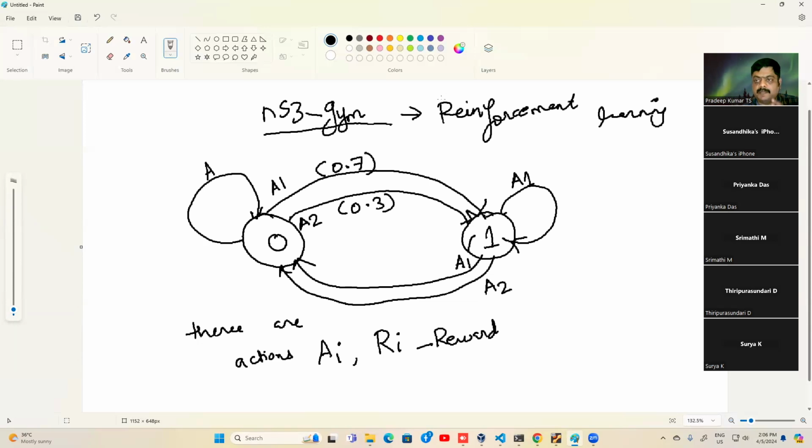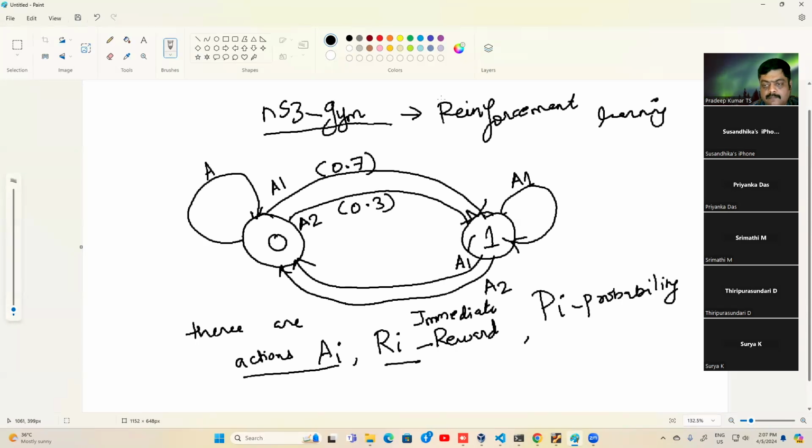So we take probability as one way to solve it. This will be my reward here, which I call the immediate reward. A is the set of actions, Ri is the immediate reward, and Pa is the probability.